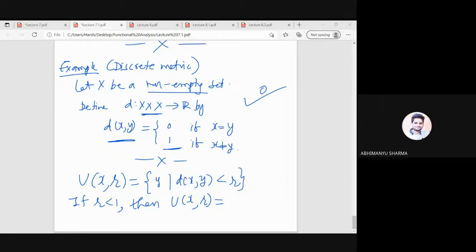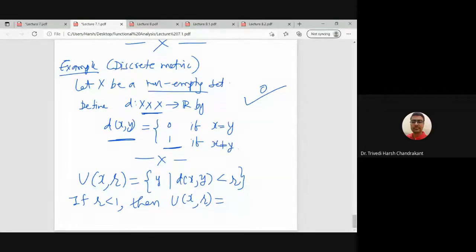Singleton {x}. That will be a singleton, right? Because if we take y different from x, then the distance is 1, but we are taking only points whose distance is less than r and r is less than 1. So that means this is the singleton {x}.